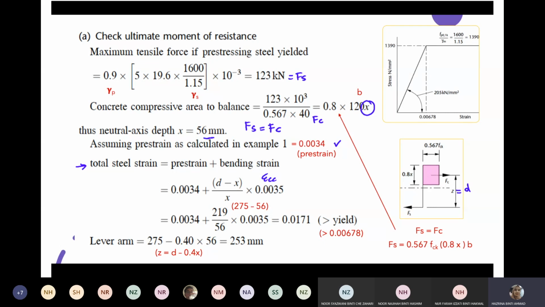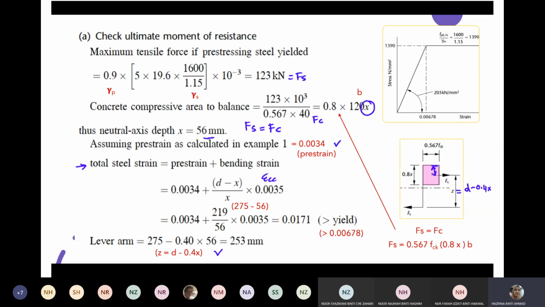The height of our stress block is 0.8x, so the Fc force sits right in the middle of the stress block. Half of it is 0.4x, which is where we get the equation Z equals d minus 0.4x. We calculate that as well.